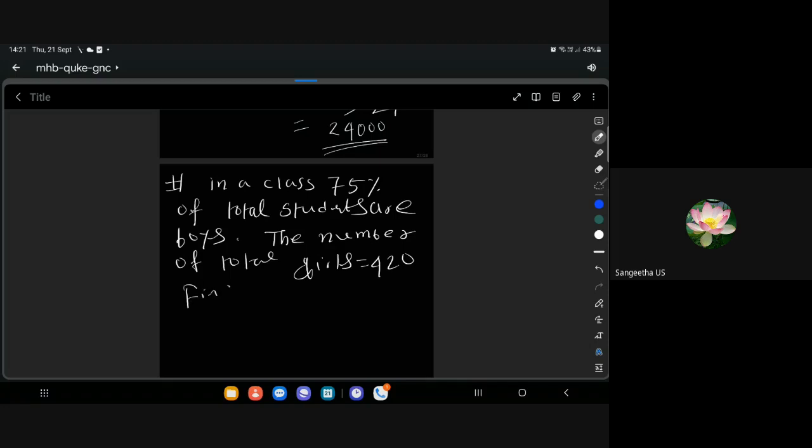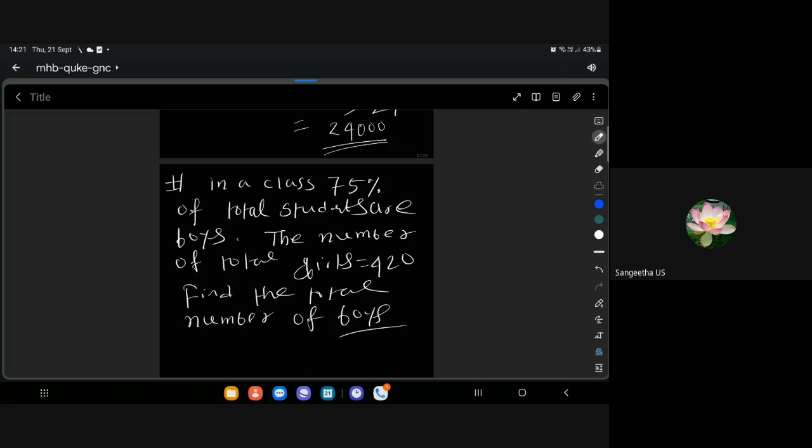Find the total number of boys. See, this is a ratio and proportion problem. A perfect example. In a school, 75% are boys. The number of girls is 420.